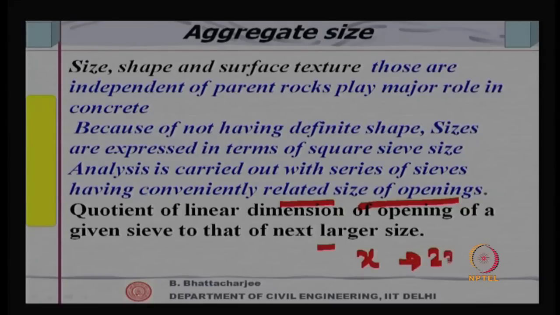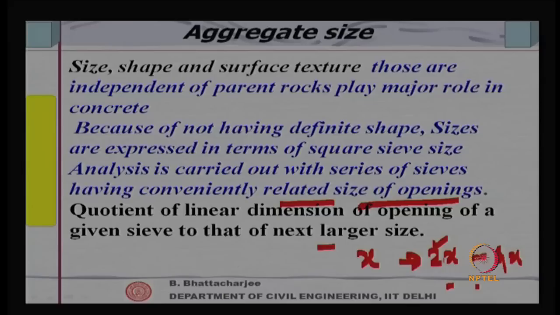Because the range is large, it is convenient to express them in geometric progression, that is, if I have a size x, next size will be 2x, next 4x, 8x and so on.